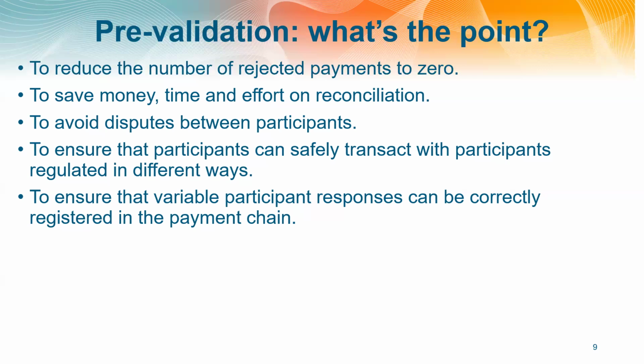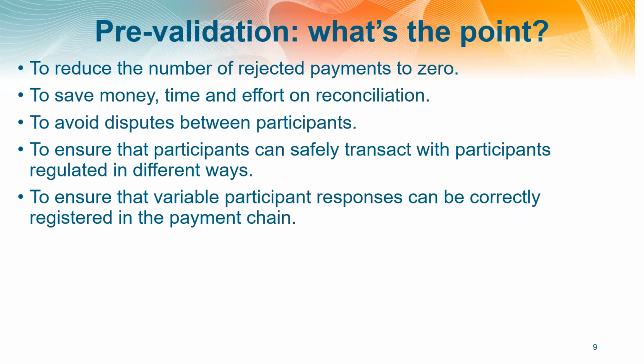That's even more problematic because in some cases the restrictions are to velocity, the number of payments that an account can receive in a week or a day, or to balance. So people are only allowed to hold a certain balance in their account. So anywhere where there are variant participant responses, you must have pre-validation in order to understand whether a payment can be made or not.